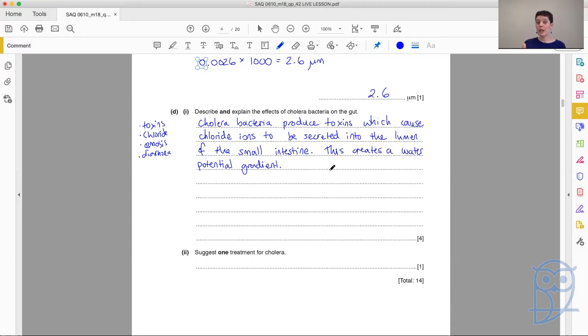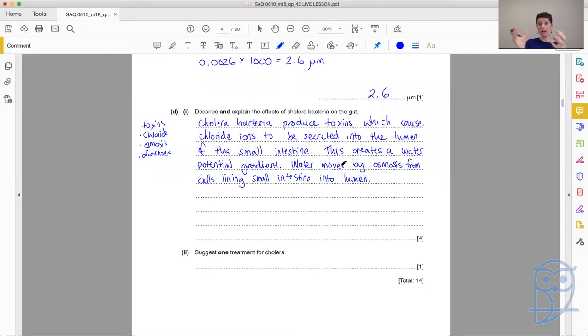So once we have a water potential gradient, we have movement of water by osmosis. So water moves by osmosis from the cells lining the small intestine, so the epithelial cells, okay, so we have loss of water.